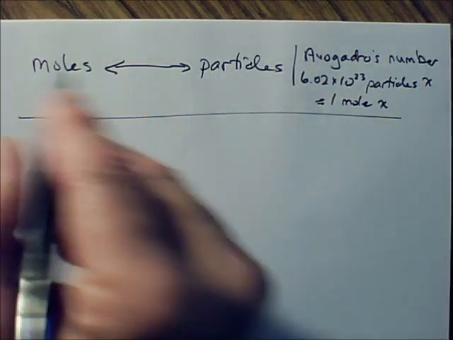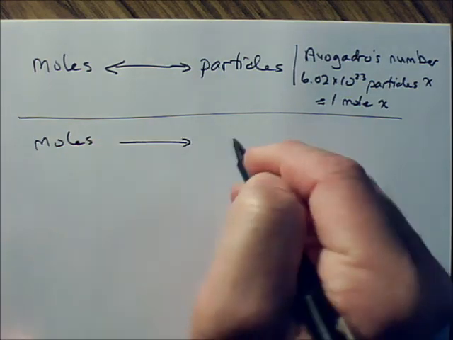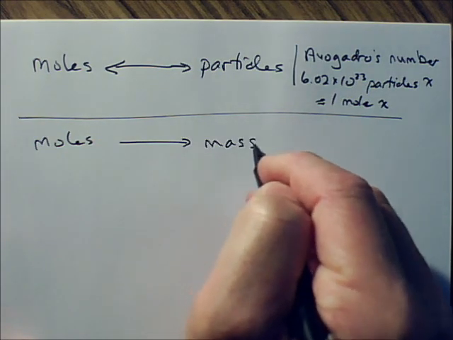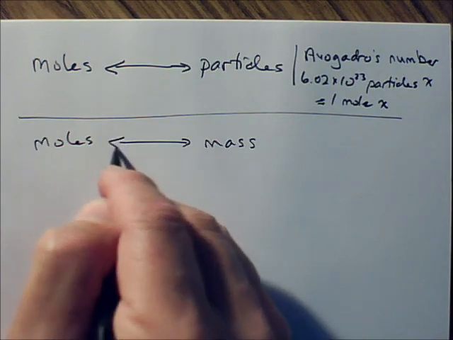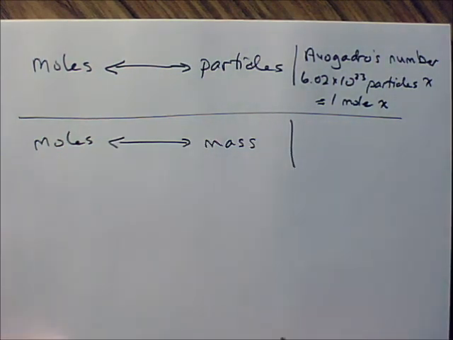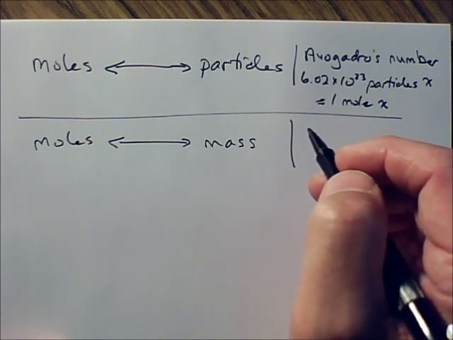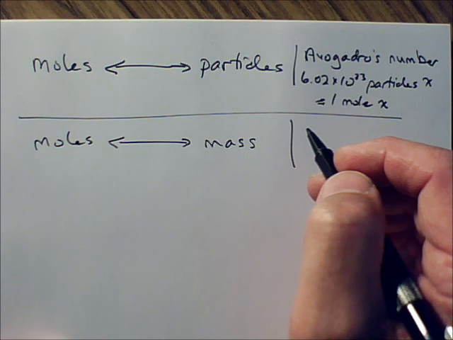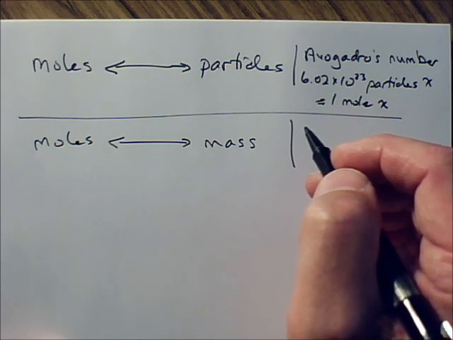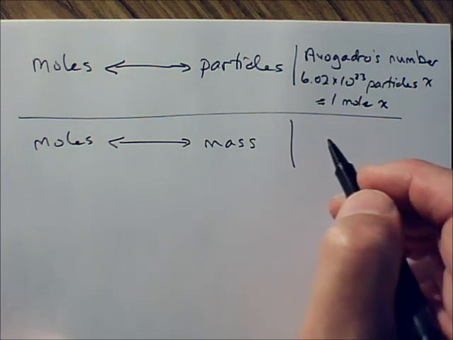Okay? We've looked at converting from moles to mass of a substance, or from mass to moles of a substance. And the way we got the equality statement for that was we added all the atomic masses of all the atoms in the formula of that substance together, wrote the answer in units of grams, and put the species on it, and then set that equal to 1 mole of that substance.